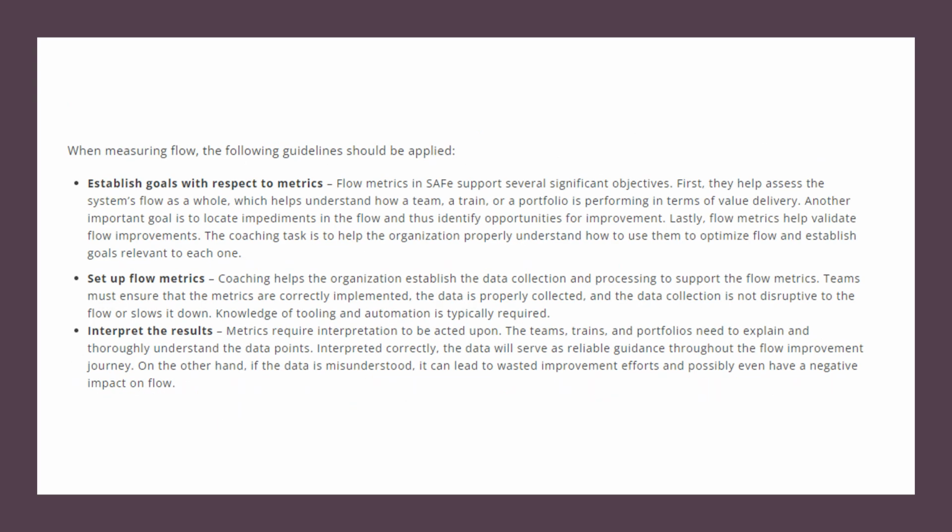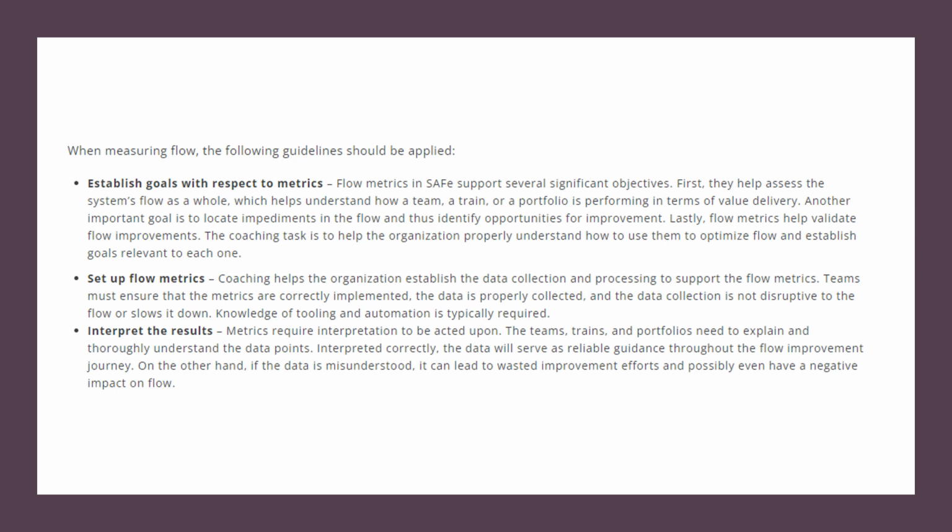When measuring flow, you need to follow certain guidelines. We are talking about at least 3 guidelines to be applied. The first guideline is to establish goals with respect to metrics. Flow metrics in SAFe support several significant objectives. First, they help assess the system's flow as a whole, which helps understand how a team, a train, or a portfolio is performing in terms of value delivery.